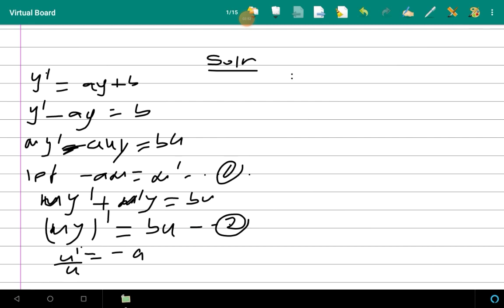Rewriting, I have the derivative of ln of absolute u equal to negative a, since differentiating ln u gives u prime over u. Then take the integral on both sides.